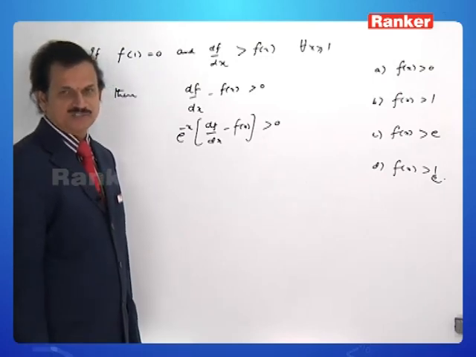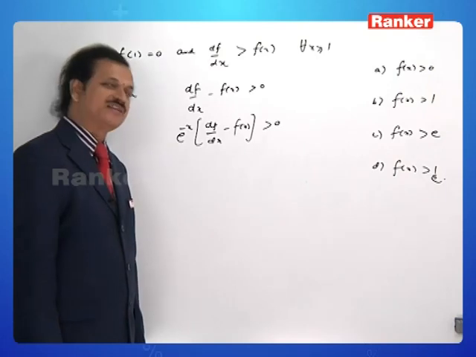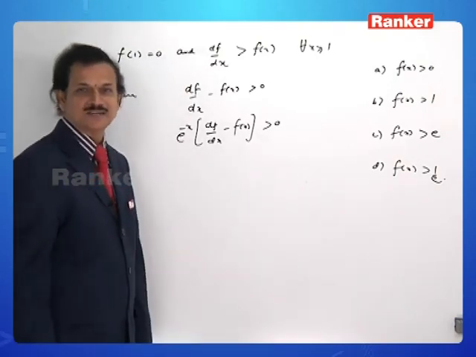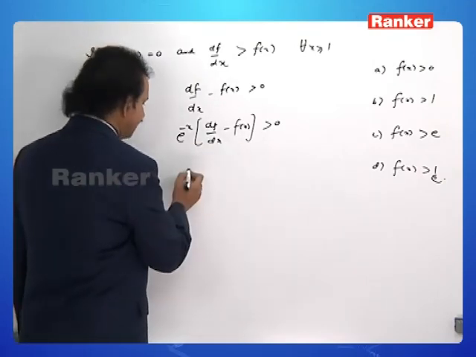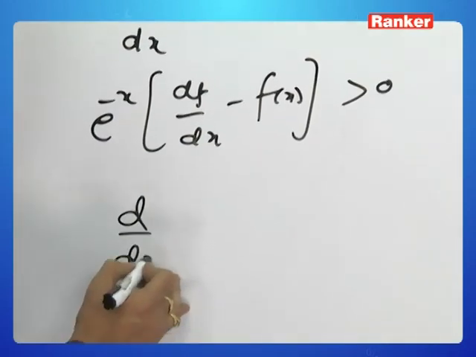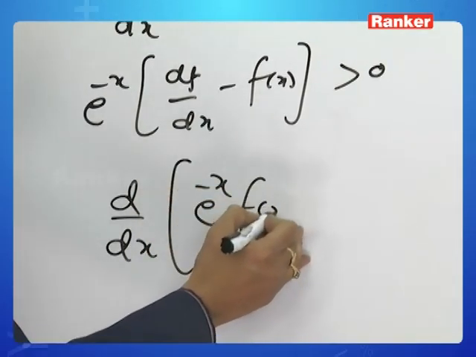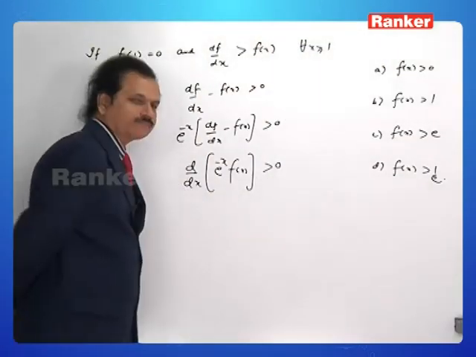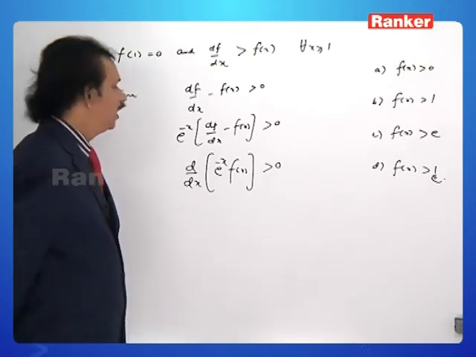The very purpose of the IF is multiplying the equation with that, so that the given equation can be converted to exact form. This is nothing but d by dx of e power minus x into f of x is greater than 0.